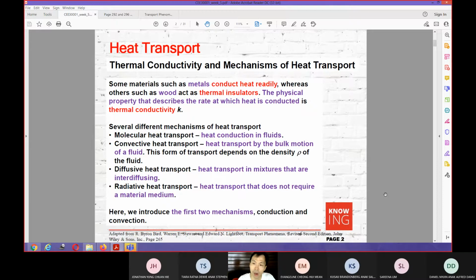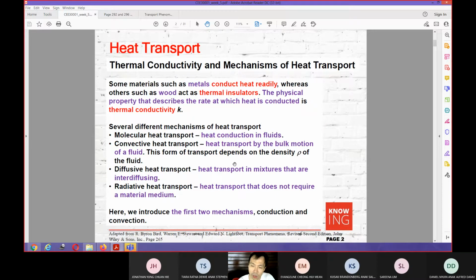Heat can be transferred using different mechanisms. The first one is molecular heat transport, and then there is convective heat transport. Molecular heat transport involves molecular motion, whereas convective heat transport involves a bulk flow of fluid. In the equations, convective heat transport is represented by the density term, so the density term always comes out when you describe convective heat transport.